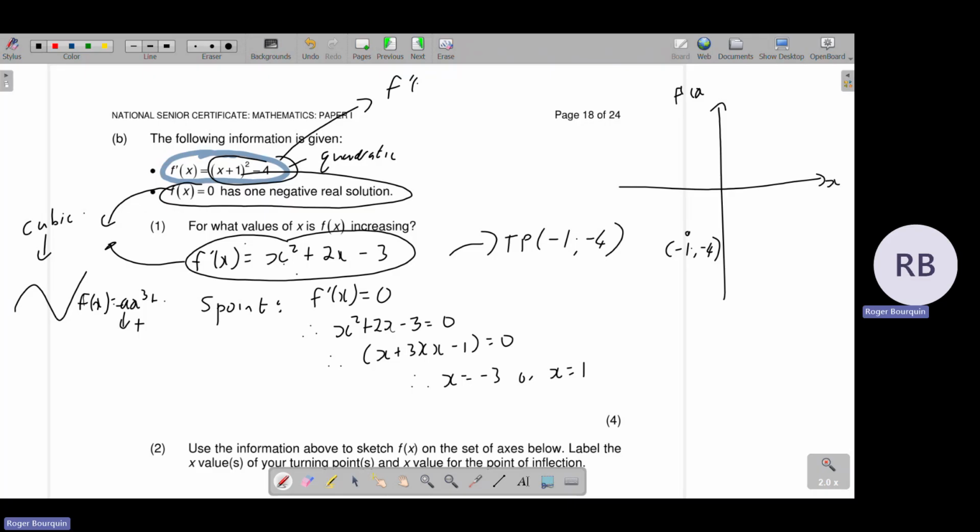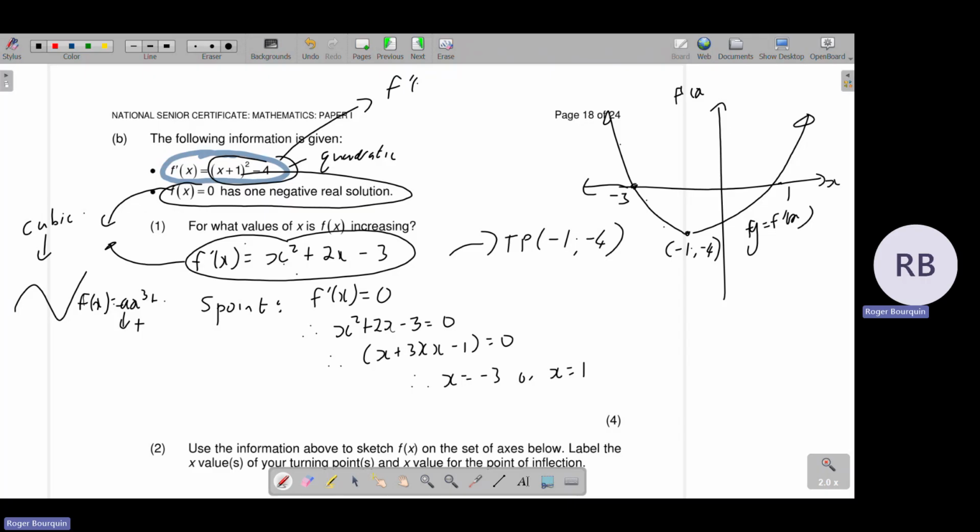That's x. The y coordinates now are not y coordinates, they are derivatives of the original function. Right? So, x-intercepts are where? Negative 3 and 1, right? So this is the graph of f dash of x. This is y is equal to f dash of x, right? This is a derivative graph. So the y coordinates of any point in this graph, what are they? It's the gradient of the original function, right?